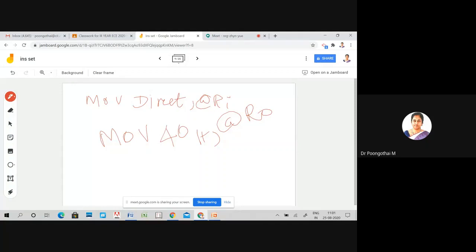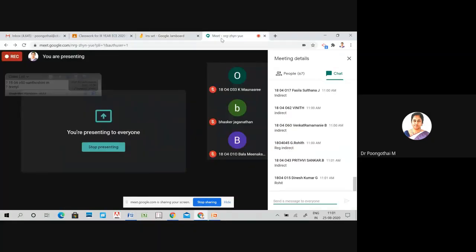The @R0 represents indirect addressing mode, as we are accessing the data from internal RAM memory indirectly, and the direct address is also specified in the instruction itself. So this instruction belongs to both direct and indirect addressing mode. Is it clear? Students, any doubts up to this? Okay.